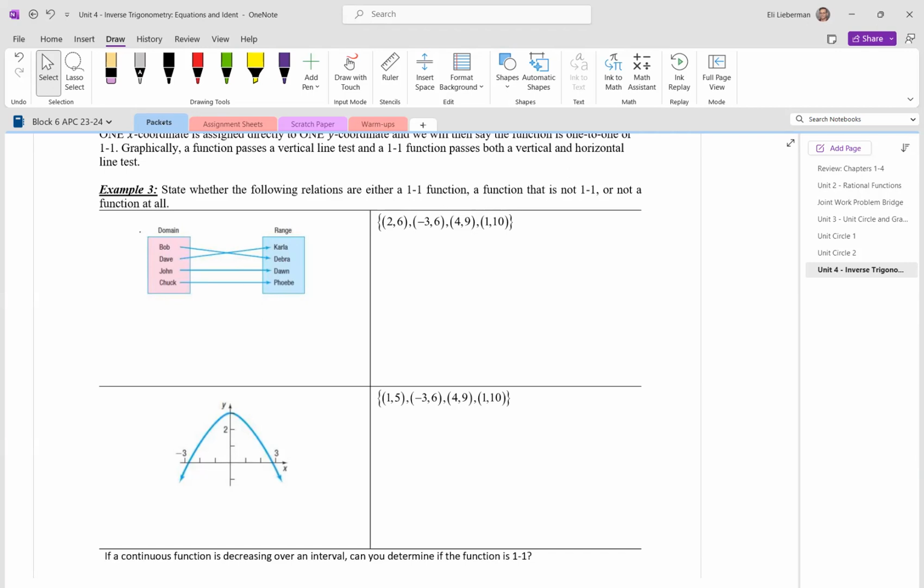You guys ready? Each is either 1 to 1, a function that is not 1 to 1, or not a function at all. Anju.